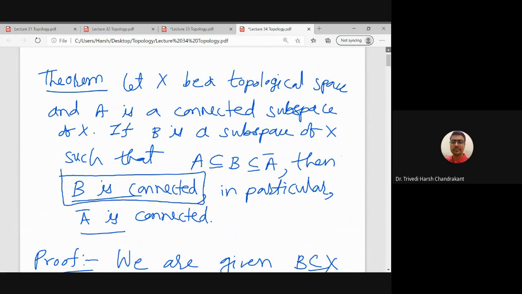In other words, if I know some set A is connected and I add as many limit points as I want, the new set is also connected. In particular, if I add all the limit points, I will get A closure, and that gives the last conclusion that A closure is also connected.